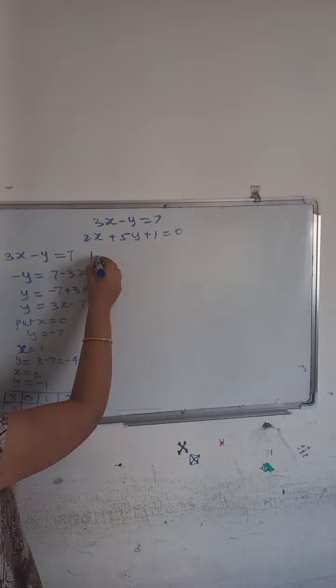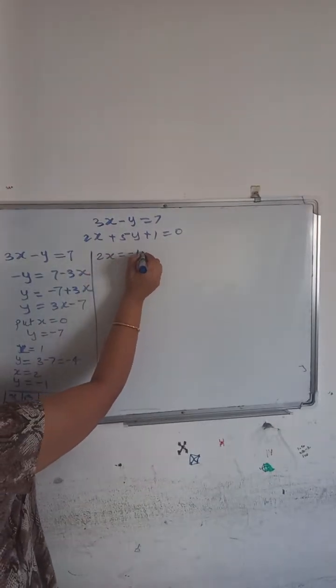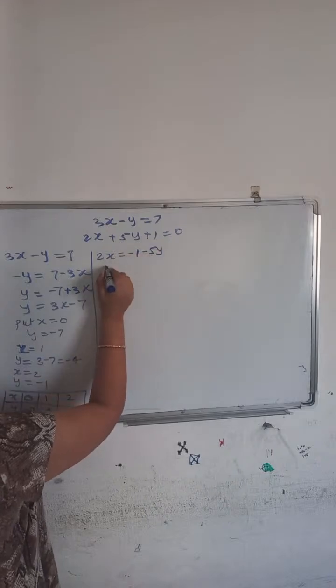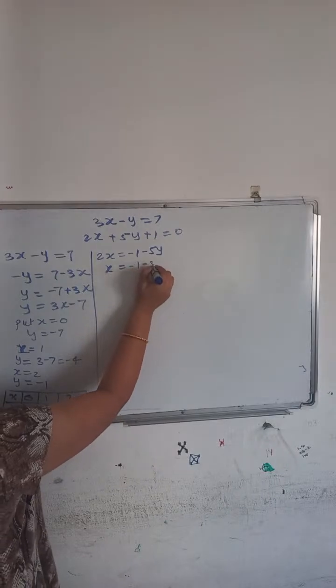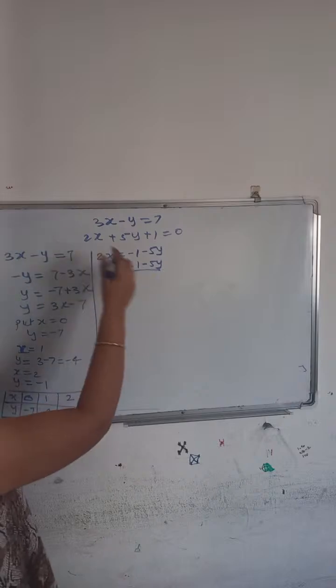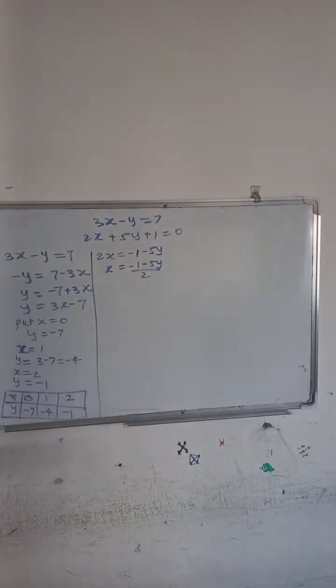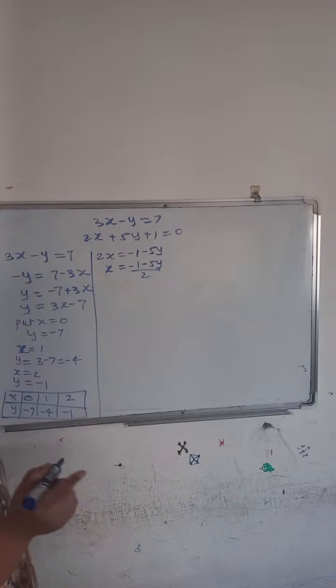Now the second equation I will write as 2x is equal to minus 1 minus 5y, and x is equal to minus 1 minus 5y, and this 2 is multiplied with x, so 2 transposes to that side, divided by 2. Getting this? Now you have to choose a value for y in such a way that it is divisible by 2.